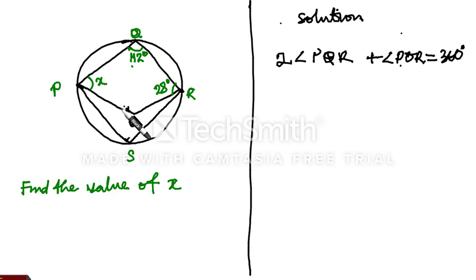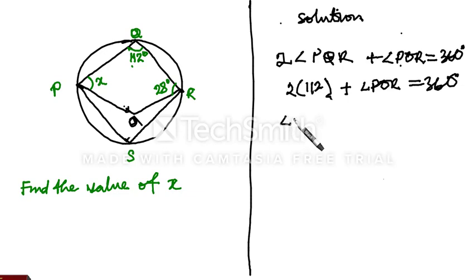We already know PQR, so we just indicate by going further. Okay, so we can see it here. So we say plus angle POR equals 360 degrees. Good. So we group like terms. So we get angle POR to be equal to 360 minus twice of 112, which will give me 224.